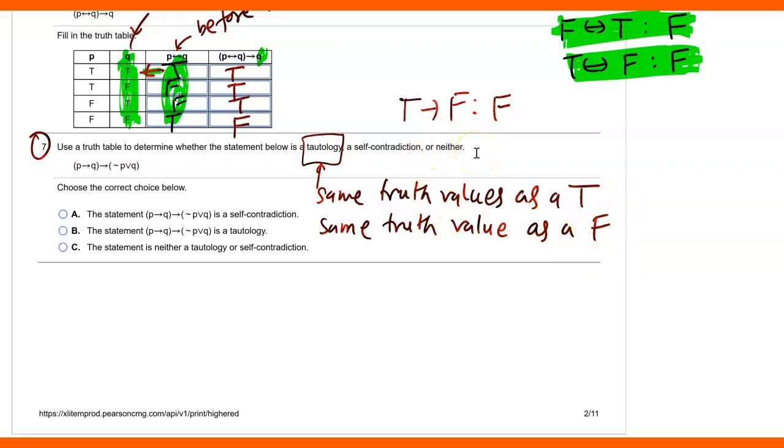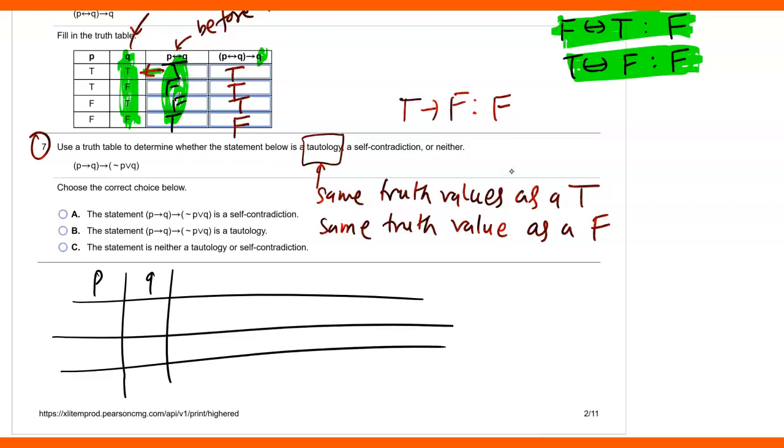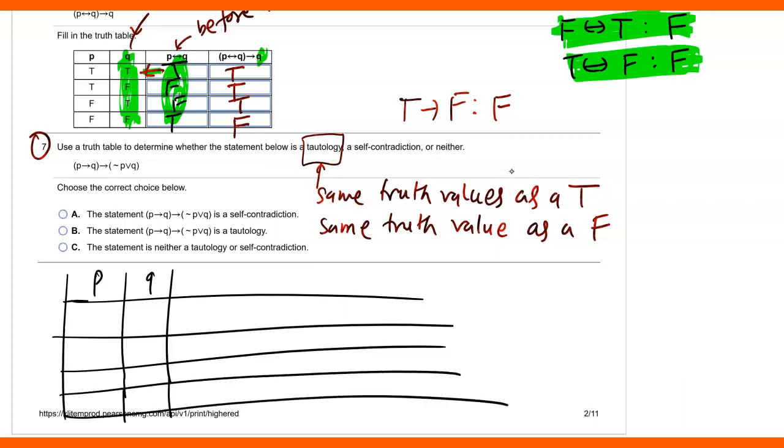Therefore, let's find the truth table for this statement, and see whether it's going to be tautology, self-contradiction, or neither. Since you have two statements, I just write P and Q only, and notice that there are 4 possibilities because two statements have 4 possibilities.